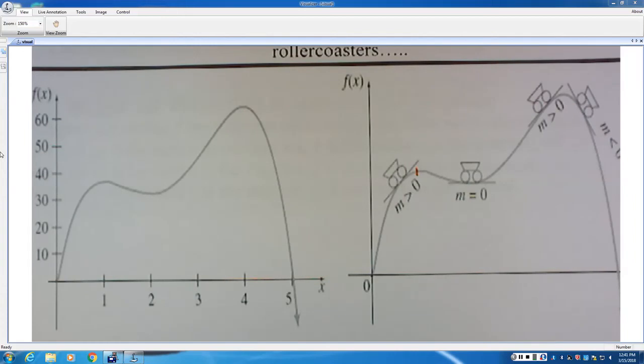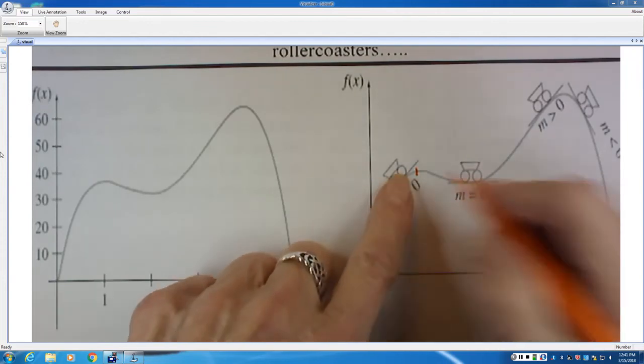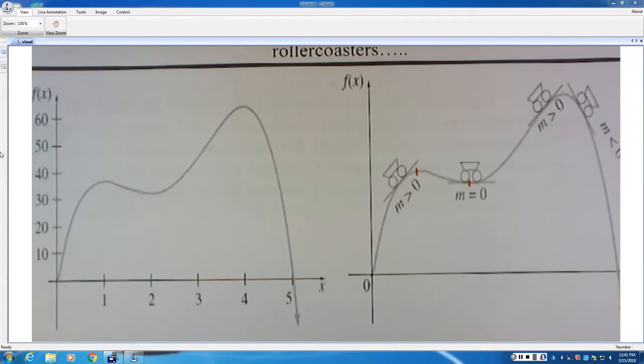Increasing. Yeah, it's getting higher and higher and higher. It's climbing the hill, okay? It's climbing the hill. It's going up. That means the slope is positive because it's going uphill, okay? But between here and about there, it's not going uphill. It's starting to go downhill.